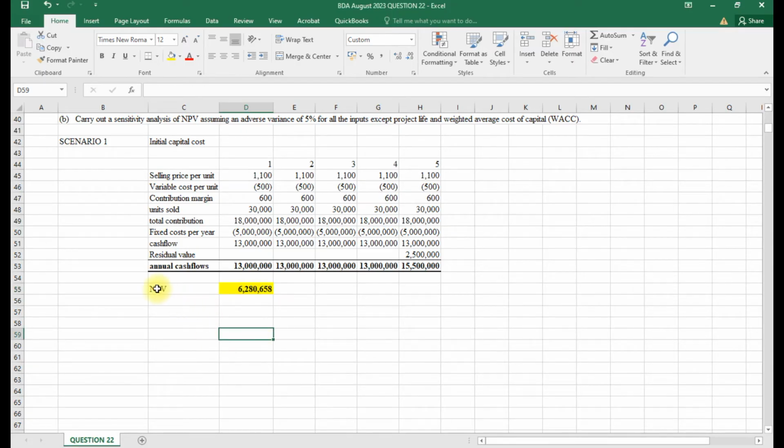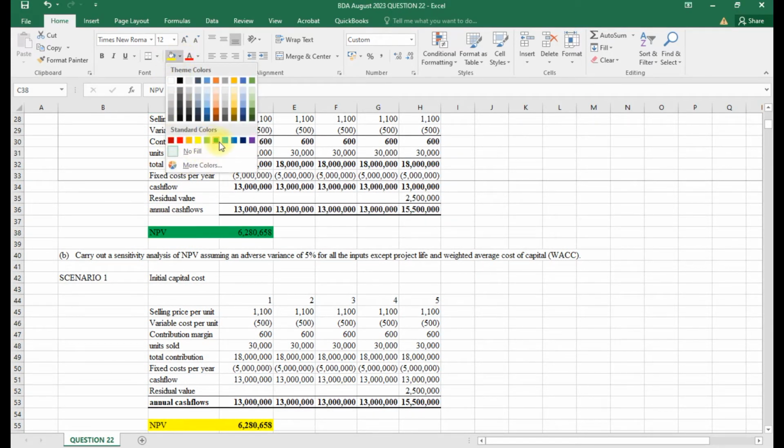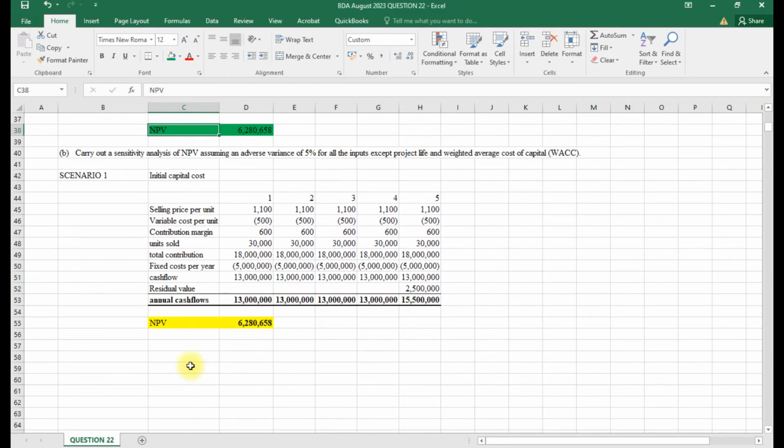So that is my NPV. Under scenario 1, my NPV is 62. So this is scenario 1, for initial capital. For initial capital, NPV is that.